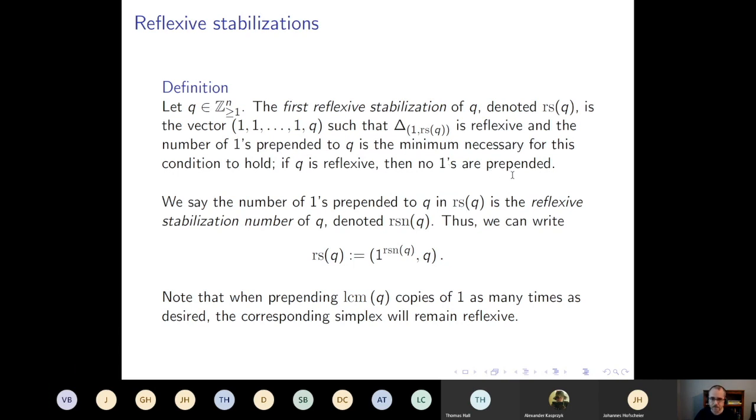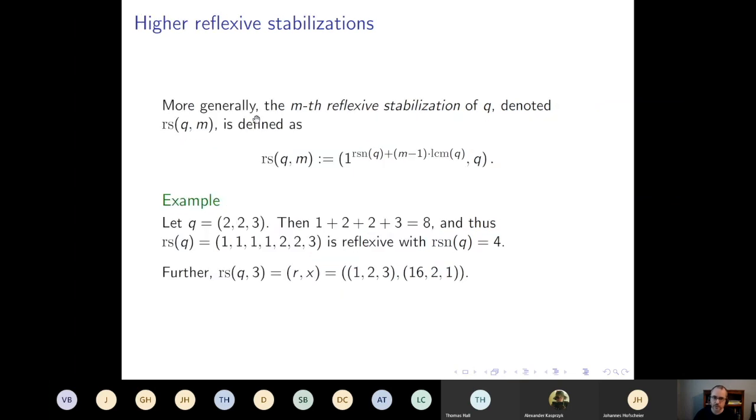The number of 1s that you have to tack on, we call the reflexive stabilization number. And you can actually keep tacking on 1s, just keep throwing on LCM of Q many 1s, and that'll keep working.